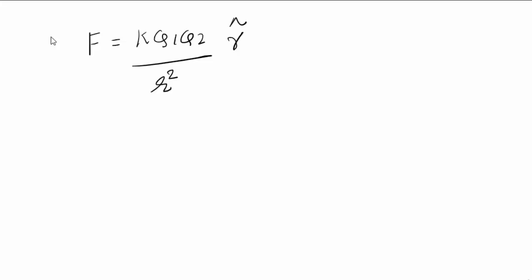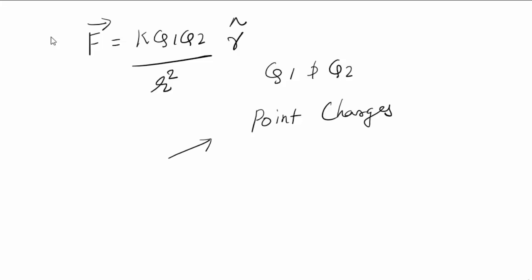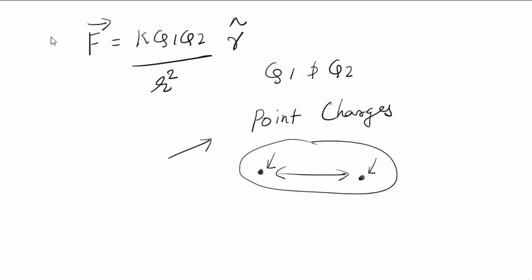Being very specific, this is also a vector quantity, and q1 and q2 are point charges. When I say point charges, they can be considered very small compared to the distance. So when you have such charges, they are called point charges.